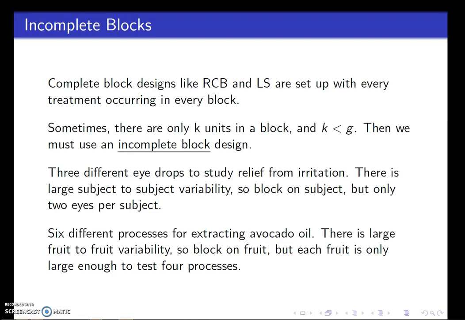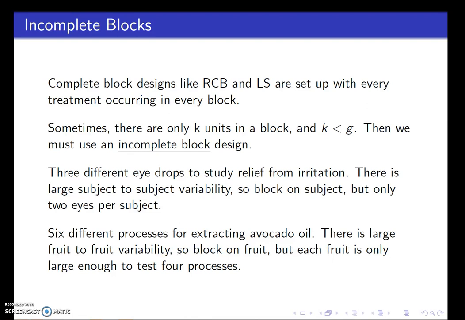Maybe a few have 1 eye, but at most we have 2 eyes. And so we'd have trouble replicating every single one of the 3 levels for our treatment of eye drop formulation on each subject. So this is inherently an incomplete block design.